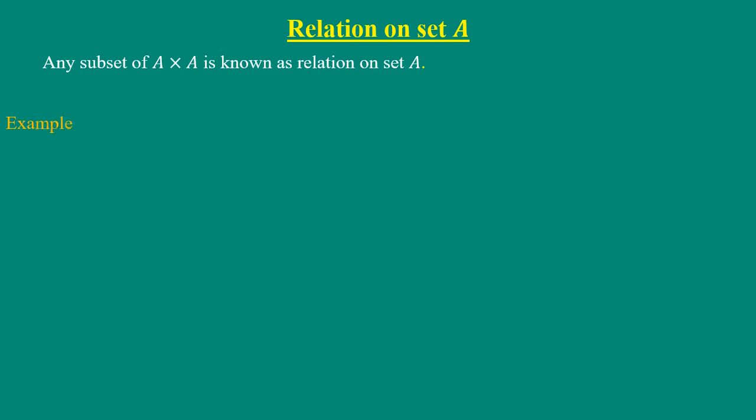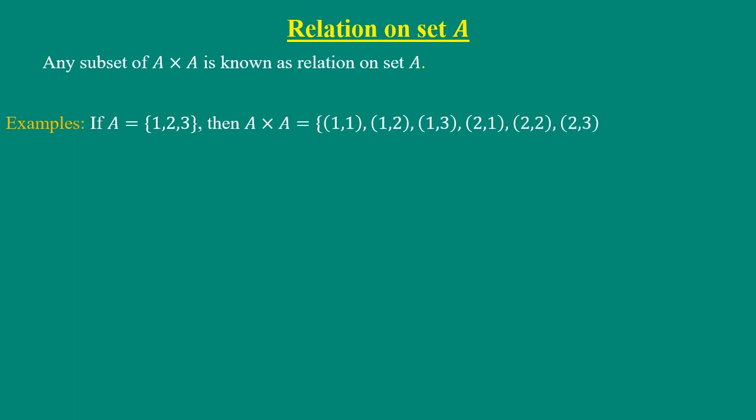If A is the set containing three elements 1, 2 and 3, then A cross A is equal to the set containing ordered pairs (1, 1), (1, 2), (1, 3), (2, 1), (2, 2), (2, 3), (3, 1), (3, 2) and (3, 3). Now R1 is equal to the set containing the pairs (1, 1), (2, 3), (3, 1), (3, 2) and (3, 3).